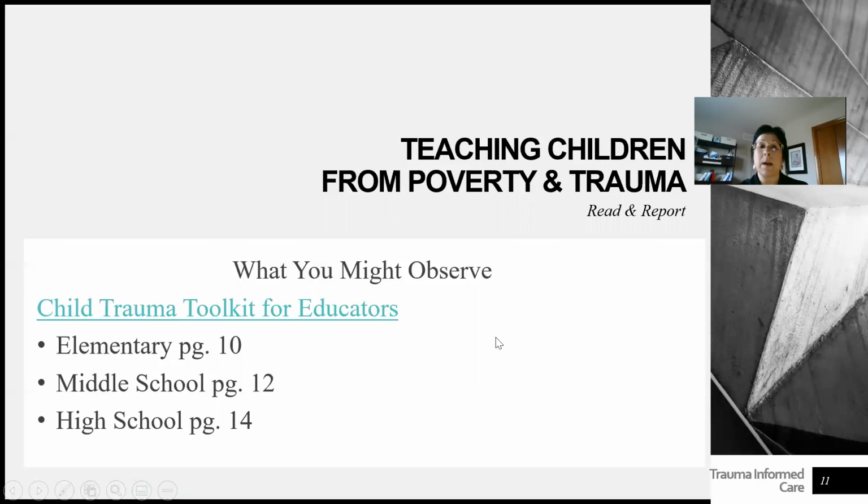And the reason that I really like this is because it is a resource kit where you can click on, and we were going to divide up into groups and read through things that you might observe. And so I really want you to pause here, go into the original PowerPoint, and dig around a little bit in this resource.